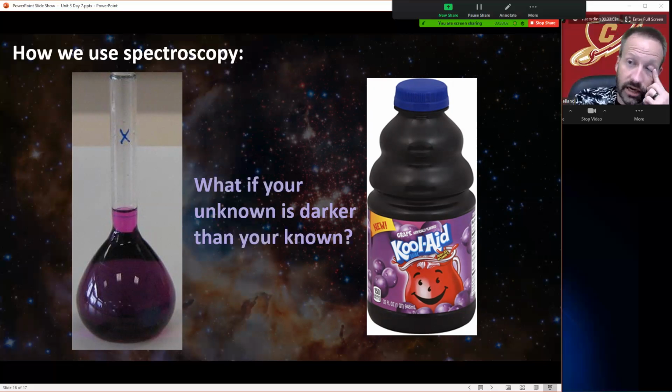Now, therein lies the other thing. You're adding an extra step at the end as well. So a new step at the beginning to get your unknown to fit in your data, so we minimize the errors, but a new step at the end. Let me illustrate it this way. Let's say I have to dilute this dark grape 4 times to get it to fit. It's now 1/4 the concentration.